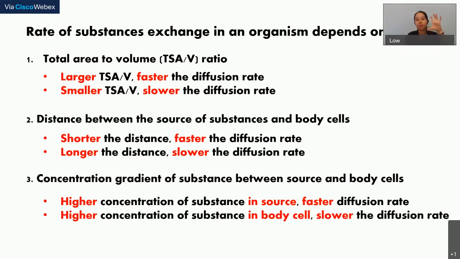If the concentration outside of your body, which is the external environment, is higher, but inside your body cell it is lower, the diffusion rate will be faster. But if the concentration in your body cell, for example your oxygen level inside your body cell, is higher than outside in the environment, the diffusion rate is lower. Yeah, so you get it?